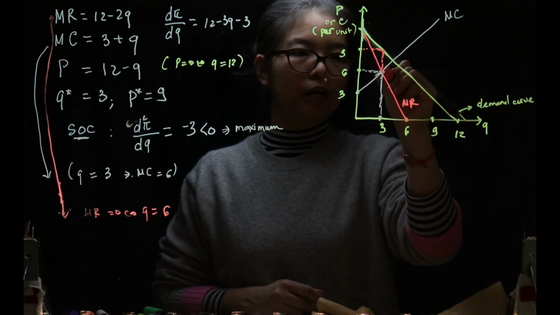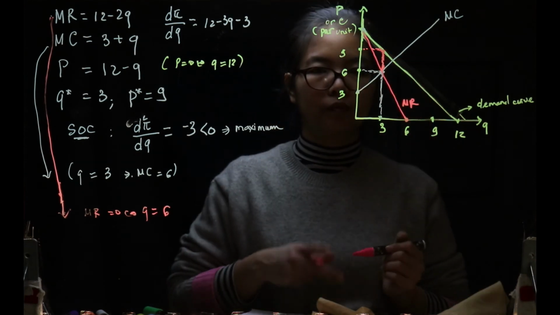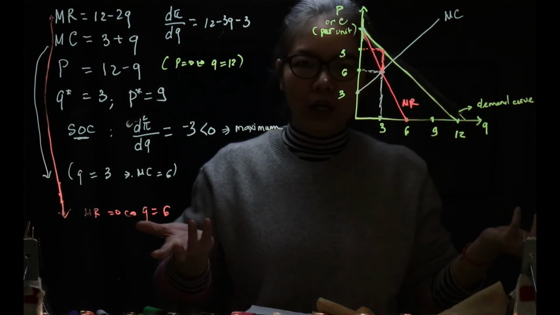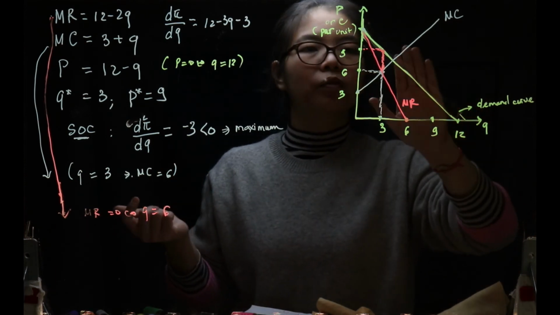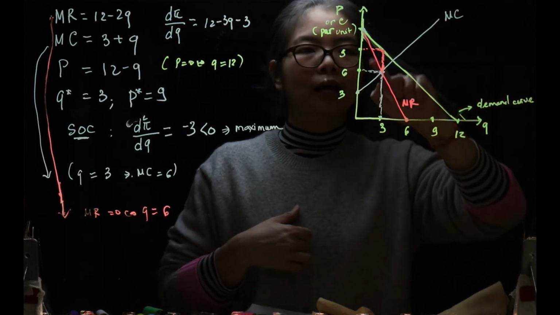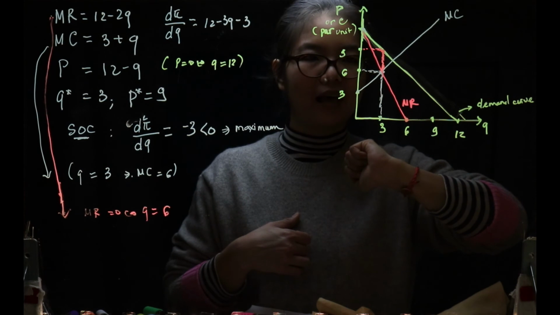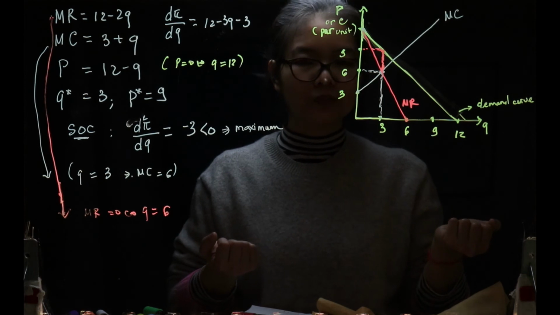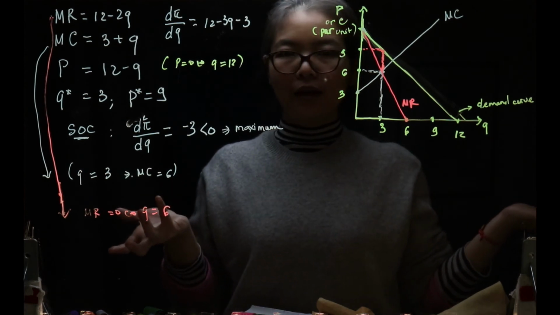Now, this point should be on the demand curve because it's where the market is willing to pay for that product, right? So you can see this is what is actually meant by the thing written on your slide: if the firm faces a downward sloping demand, then the marginal revenue is lower than the market price at any point. Why? Think about that intuitively, because of the dilemma that I said earlier.